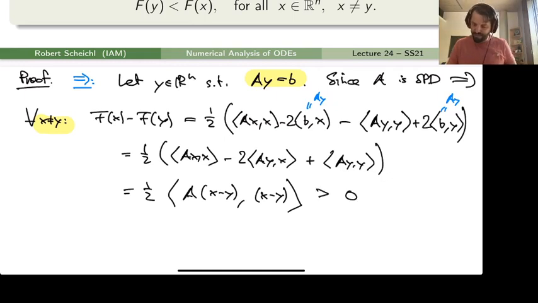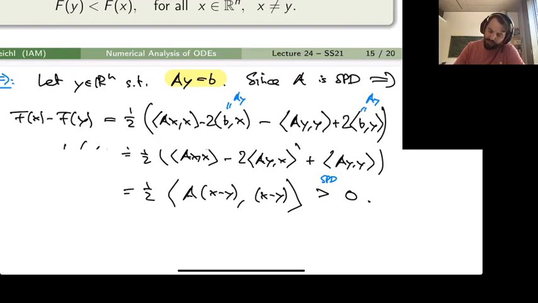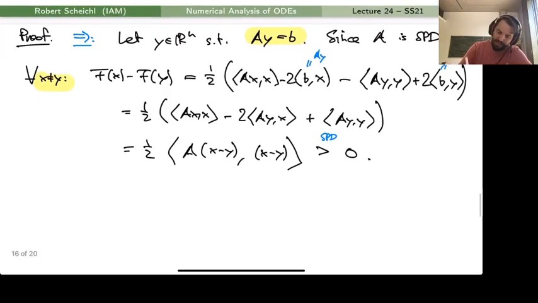That comes from SPDness. So we have proved that if y solves Ay equals b, then it is the unique minimizer of f.